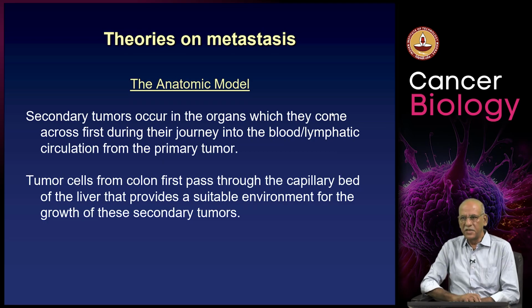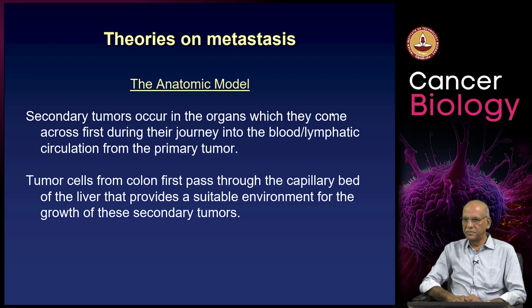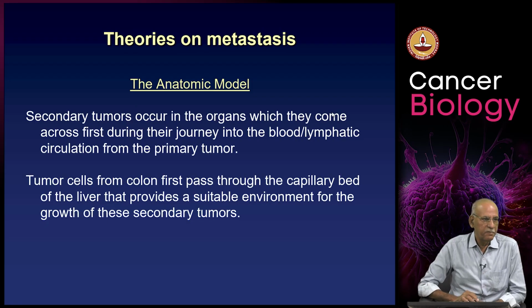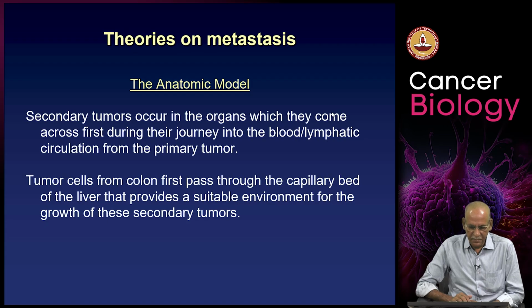Again, another interesting question is, okay, you understood that the cancer cells are formed from normal cells by certain mechanisms, maybe somatic mutations, maybe through that tissue development kind of thing due to changes in the expression, epigenetic and genetic changes. But how is it that they move from one tissue to another? That is a $1,000,000 question, which means we do not have an exact answer even today, although we have some theories as usual. One of the theories is what is called the anatomic model.